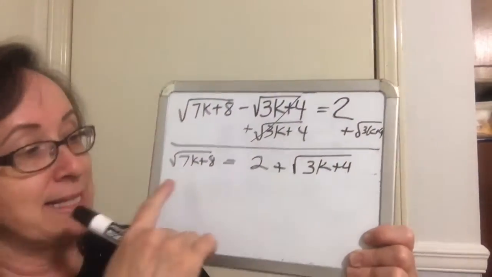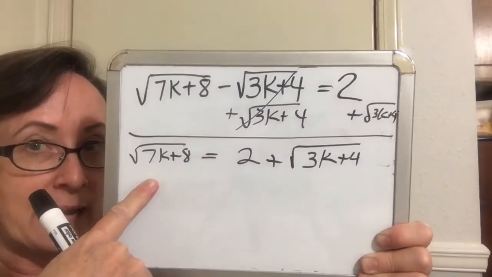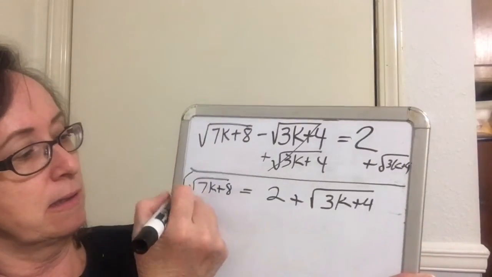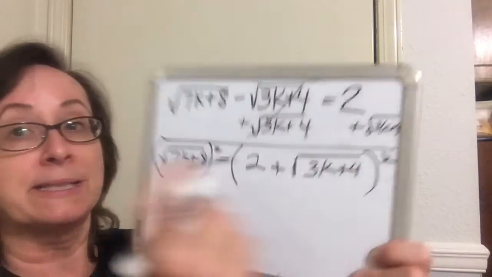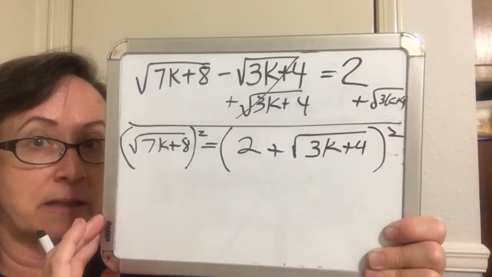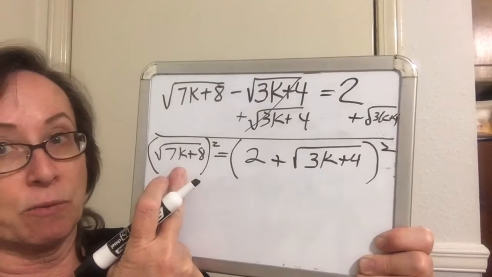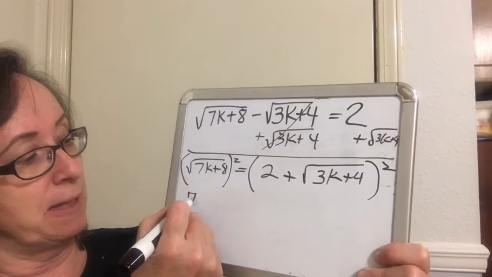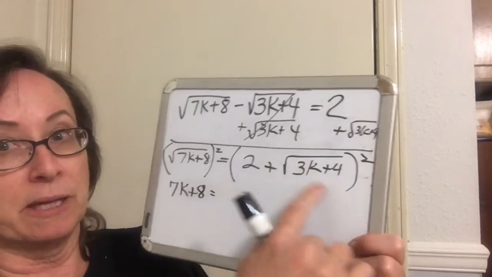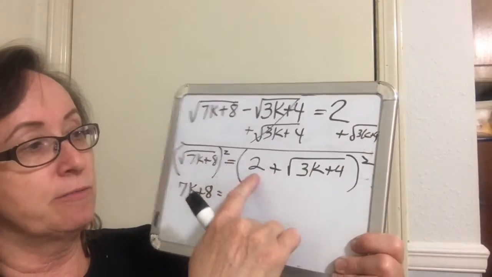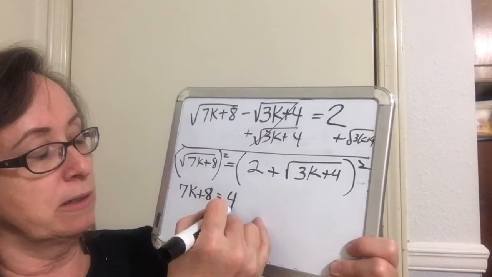So now that I have isolated one radical, now I square both sides. So I square and I square. Whole sides, always whole sides. Now this one, because it's a radical squared, is just going to leave me a 7k plus 8. This one we're treating like a binomial. First term squared is 4.